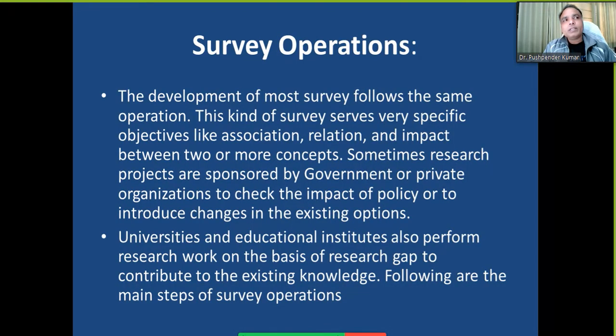Now here you see, if you want to conduct a survey, then how do you operationalize it? Remember, a survey is a very important method because it gives you data. Here you see, the development of most surveys follows the same operation.